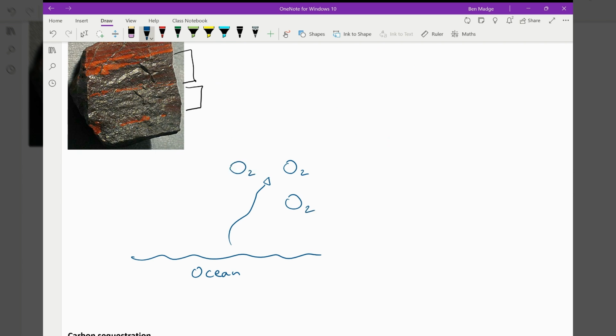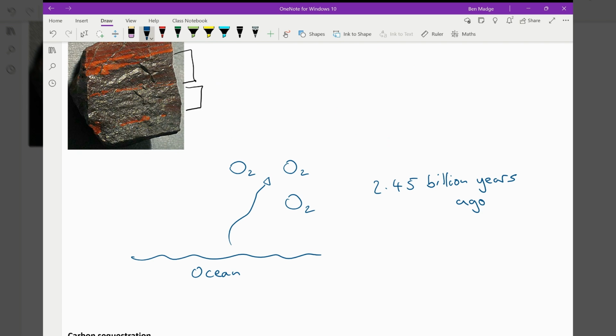And this started to occur about 2.45 billion years ago. Okay, and then we start to see evidence of this atmospheric oxygen rising 2.45 billion years ago.